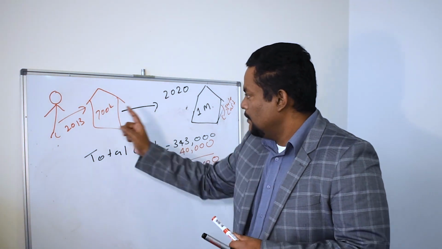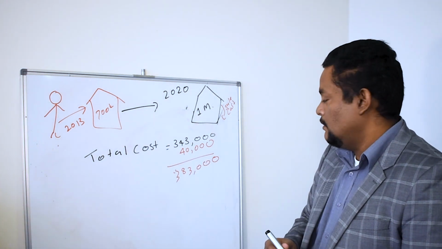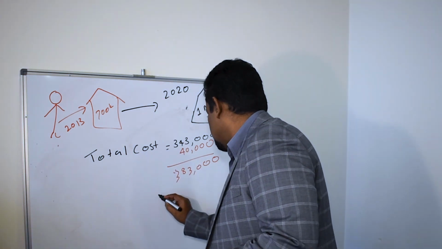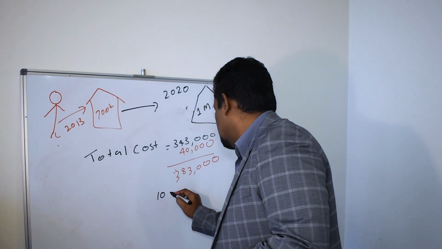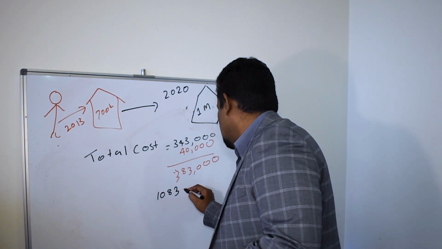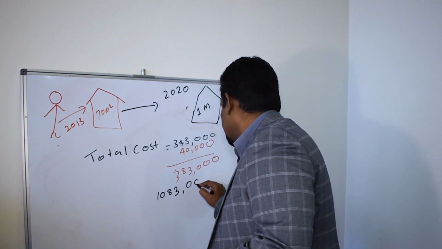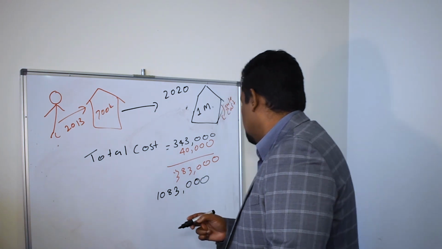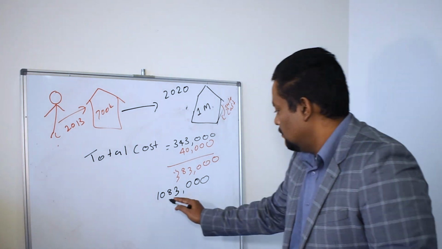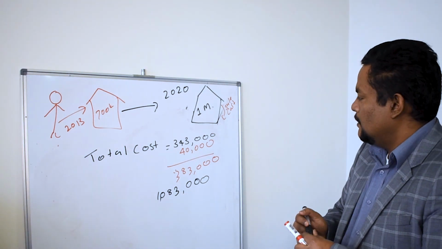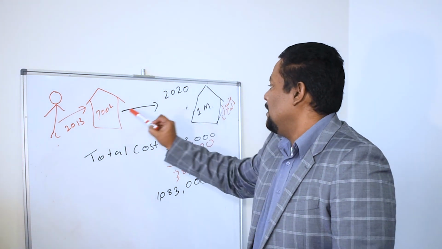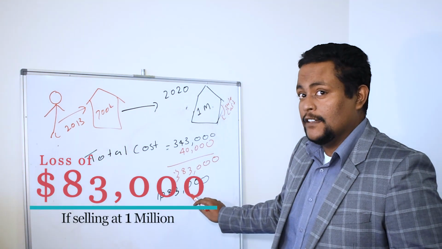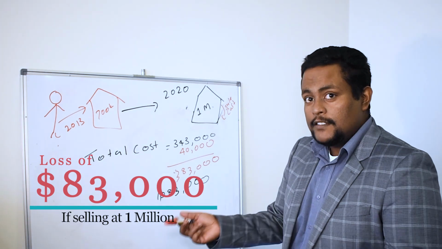You add that number to 700,000 and you get 1,083,000. So although he thinks he made 300,000, in fact he lost 83,000. That is the difference.